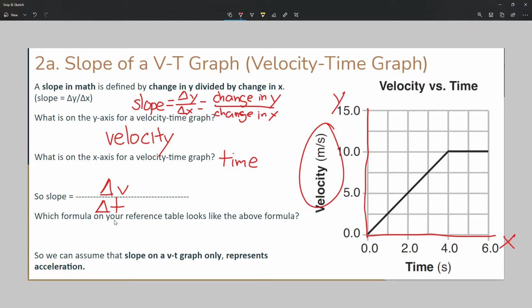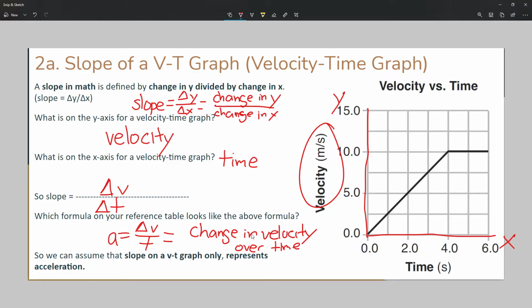And which formula looks like that on your reference table? There's a very specific formula on your reference table that looks like this. It's acceleration is equal to change in velocity over change in time, which is literally the definition of acceleration. Acceleration is the change in velocity over time.